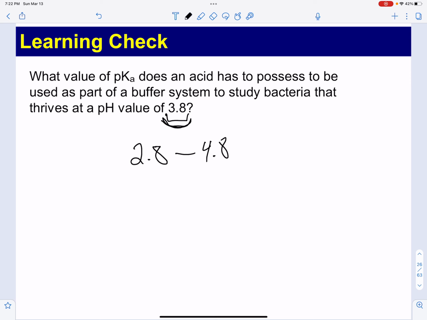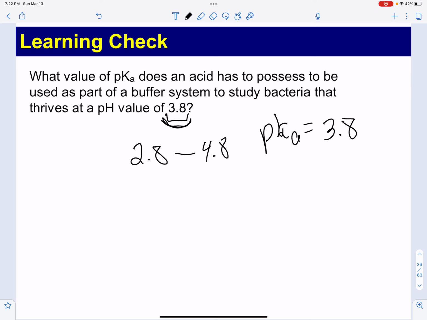So you're looking for a buffer that has a pKa of around 3.8. As simple as that. So if the pKa is exactly the same as the pH you're looking for, then that's good. But sometimes those acids do not exist. You're not going to find an acid that matches exactly the pH you need, right?